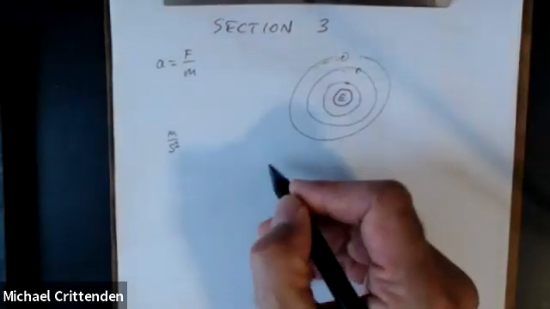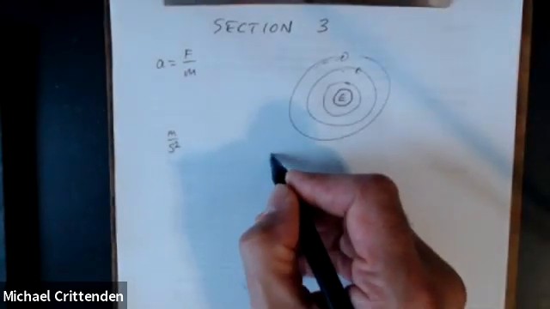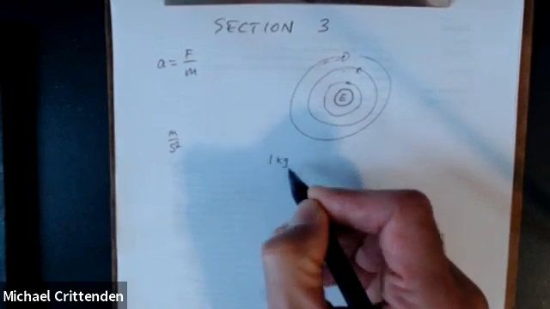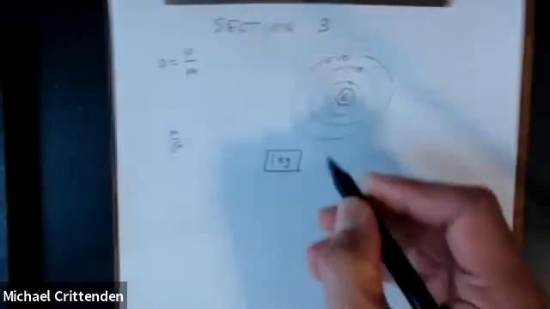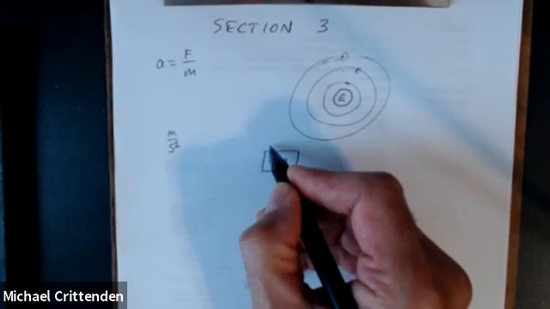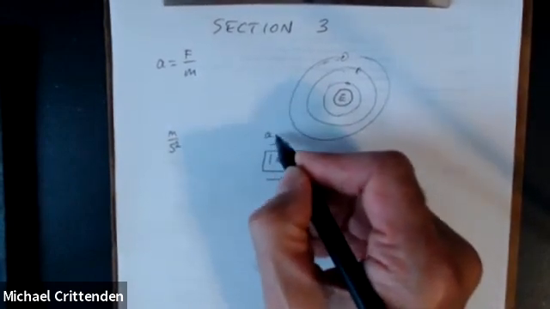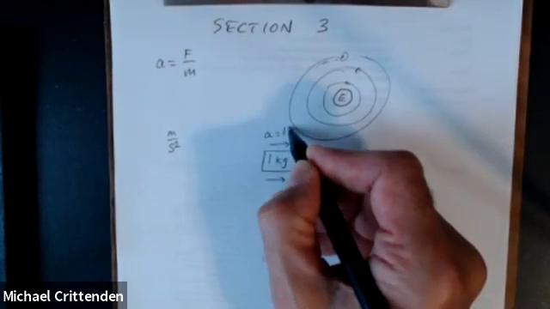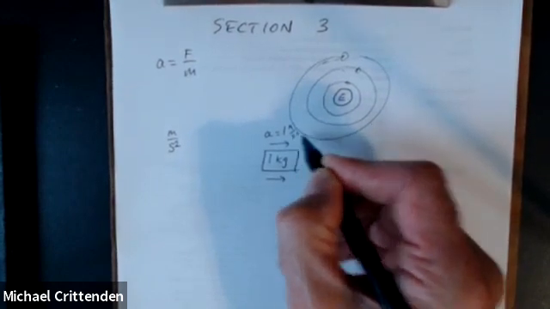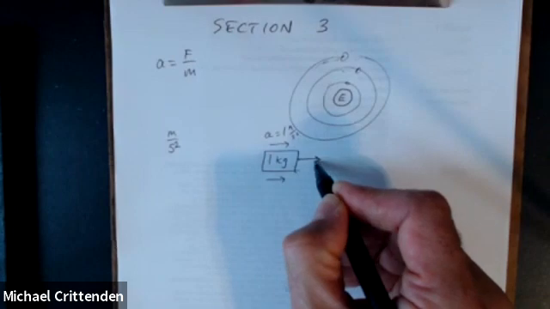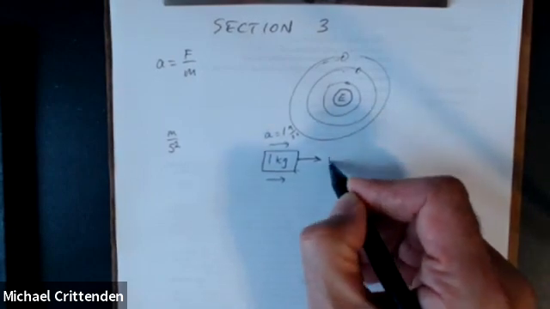Well, let's say you had a mass of 1 kilogram and you're pulling on it in a way that makes it accelerate at exactly 1 meter per second per second. Here's maybe a string pulling on it.